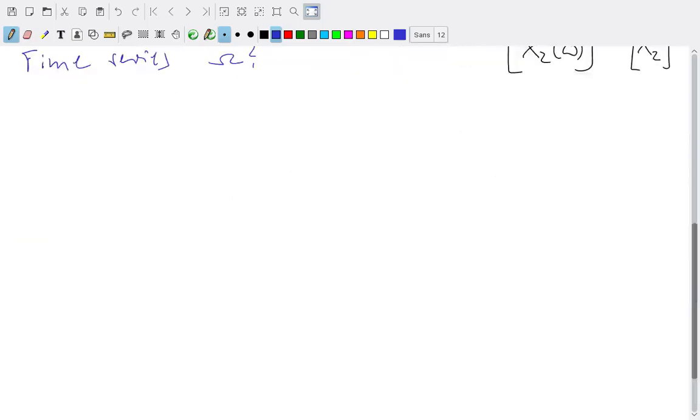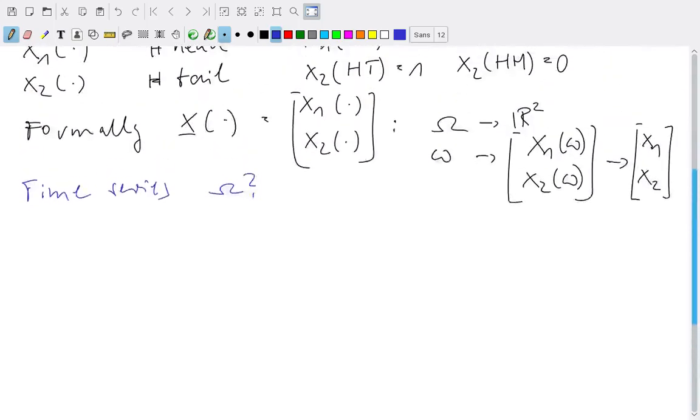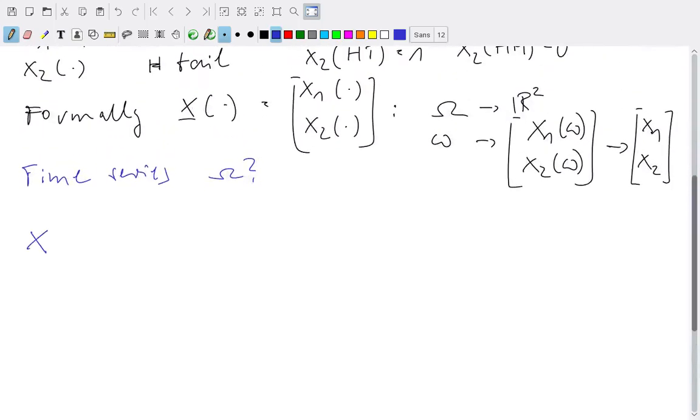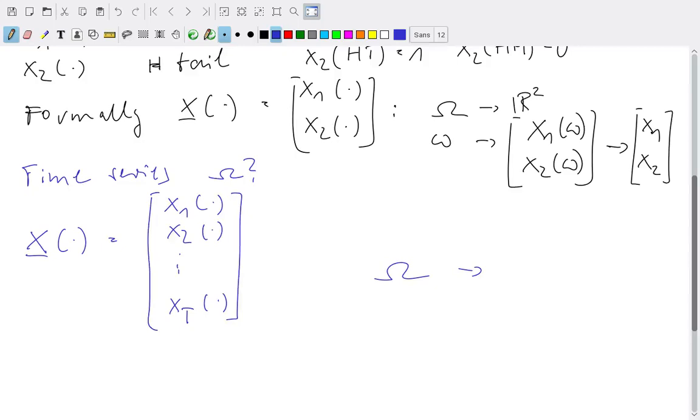What I'd like you to think of is that we still have a vector of random variables to be considered, and as usual, talking about probability spaces, a random variable is a mapping from omega into the set of real numbers. In the present context, we have this vector of random variables, X1, X2, up to big T, which makes clear that these random variables are the random variables in a stochastic process. They are indexed by time, and I'm going to collect them in a vector.